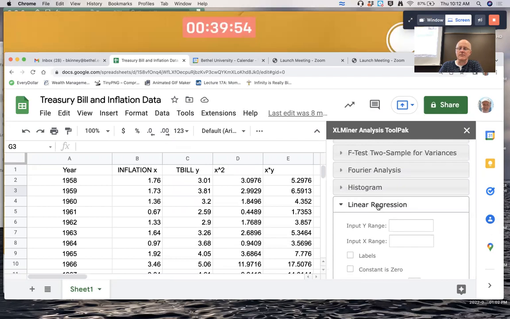Okay, write this down. Once you've opened that up, the very first thing I personally always do, and I would suggest that you do, is I click the labels box. That's the first thing I do by default. What does that mean? That means when you do the input X range and the Y range, the labels, in other words, the inflation and the T-bill, are going to be part of those ranges and will help you interpret your output because they'll be labeled correctly in your output.